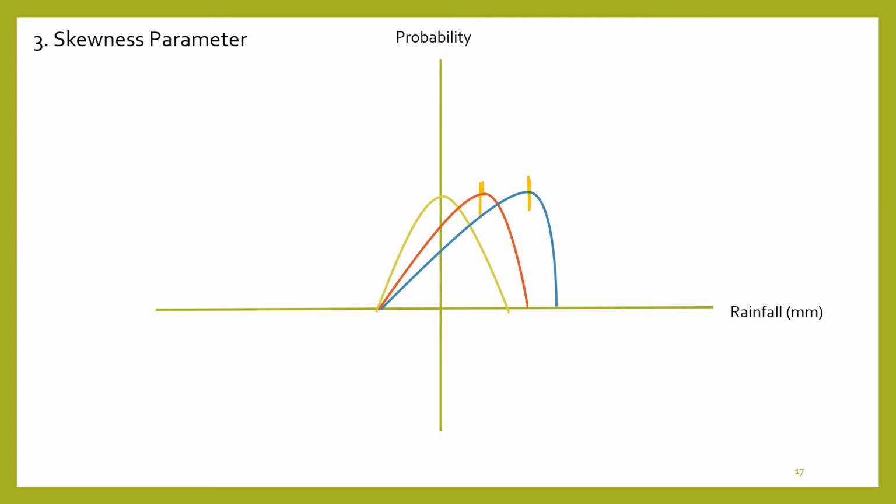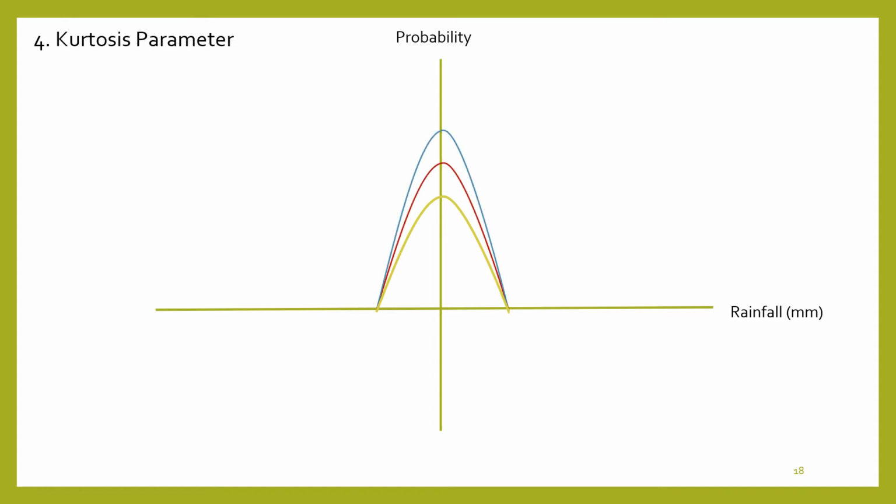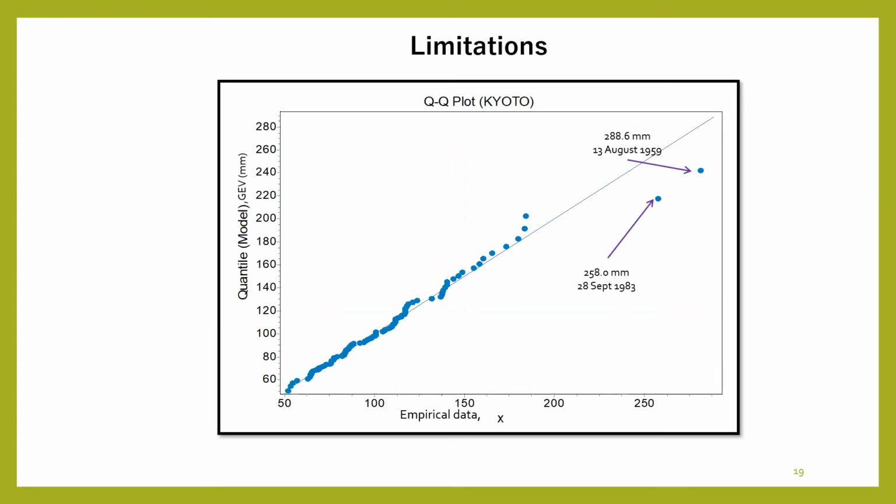Whether the distribution of rainfall data is skewed or not might be different between stations. And then last, kurtosis: how high the probability is. The range has no difference, but how high the probability is.